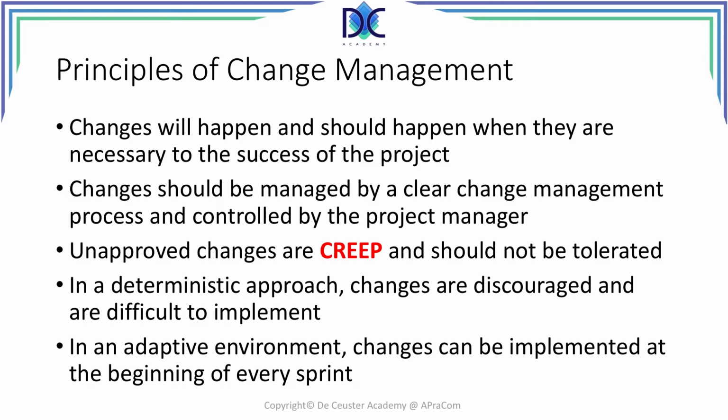Once a sprint is being executed, no changes can be implemented. They can only be implemented from the next sprint. When you use a continuous system like a Kanban approach, changes can be implemented on a continued basis.